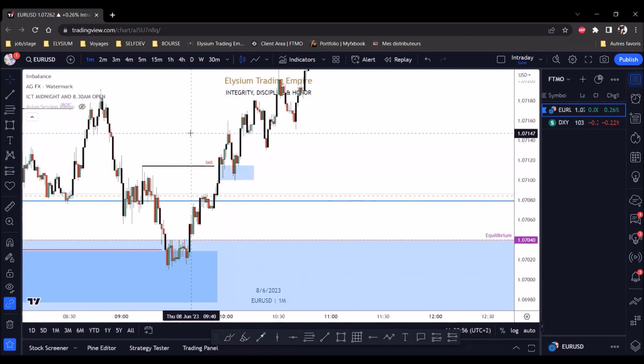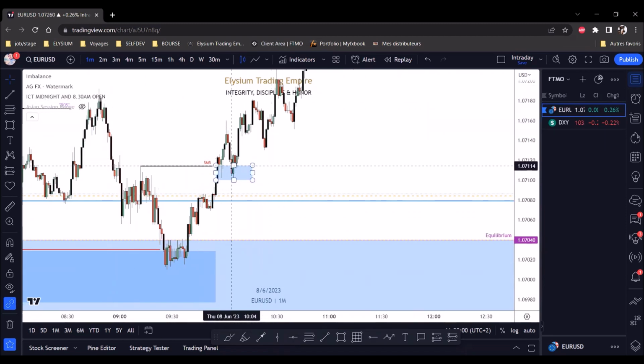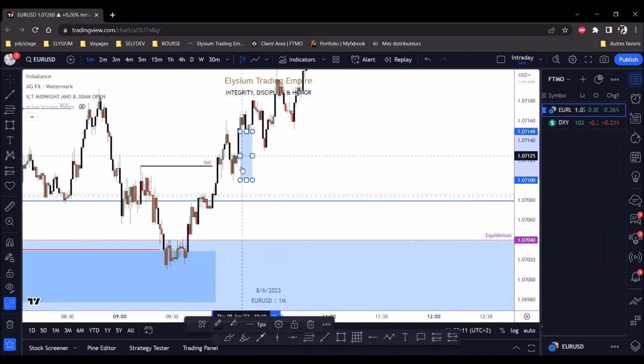What is something better? So you could wait for an intermediate term high. Okay, this is a short-term high, intermediate term high confirmed by this fair value gap, which broke the structure.